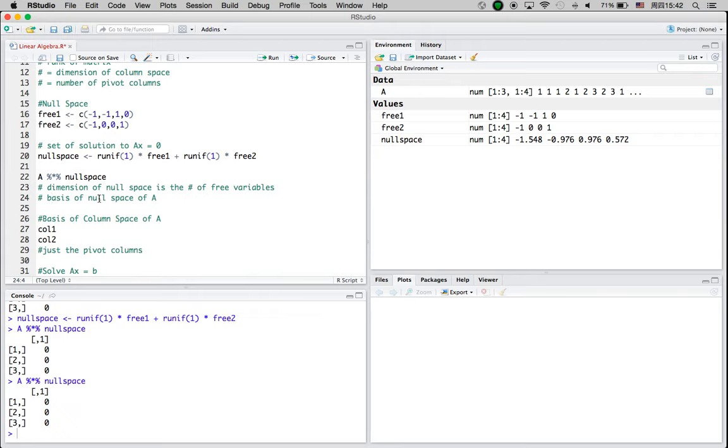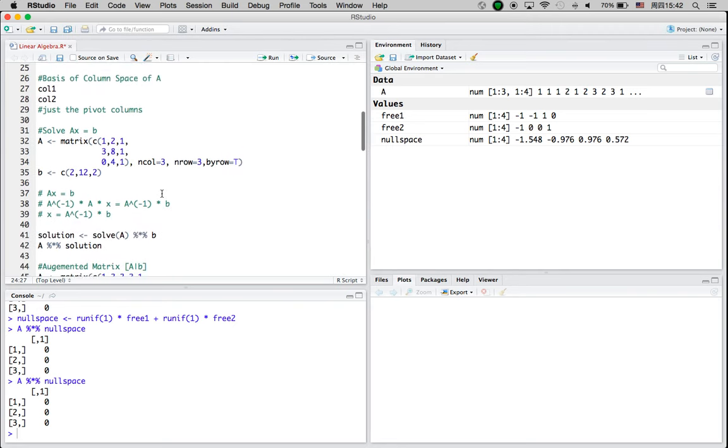One is that they should all be linearly independent of each other, and the second is that they should span a space. A null space is already a space, so the basis is two vectors that are linearly independent. So that's the definition or the concept of the null space.